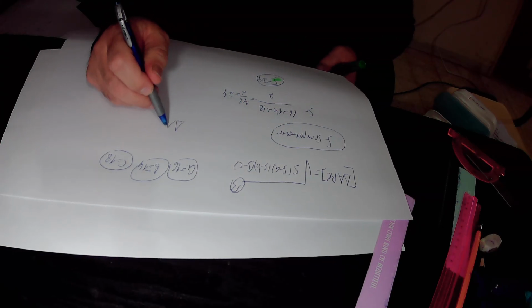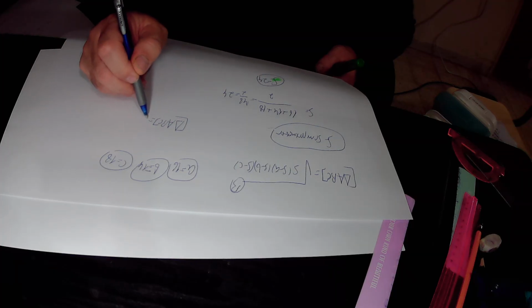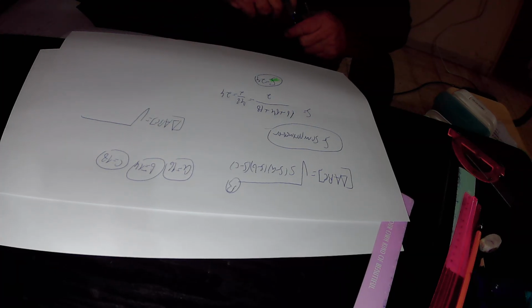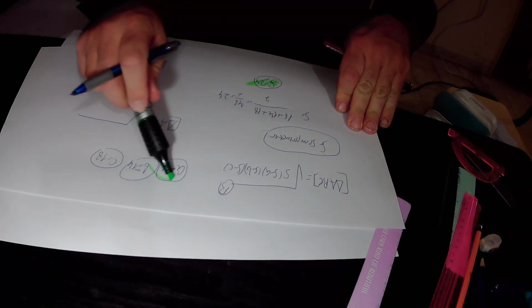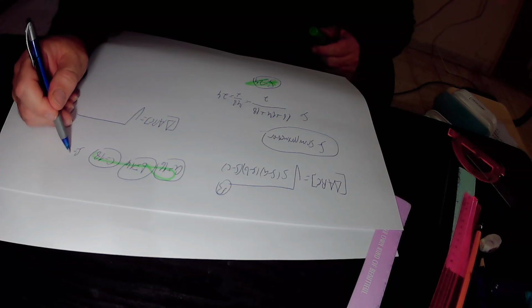the area of triangle ABC is equal to the square root of S. S is 24, the same semi-perimeter, S is 24.